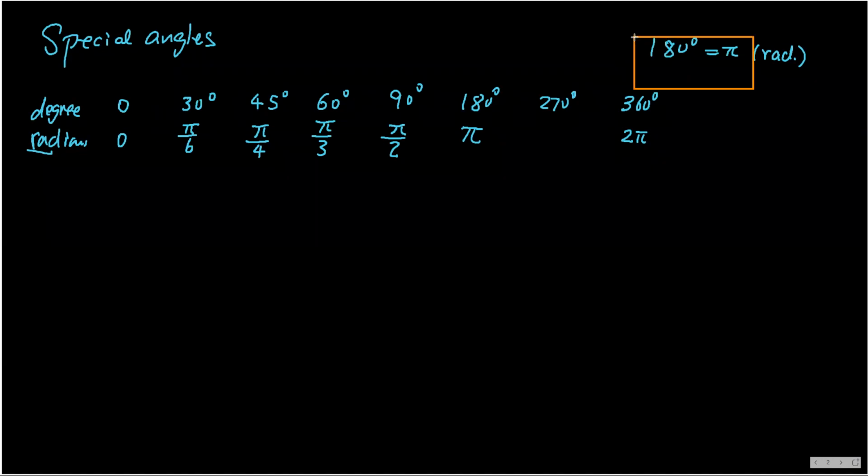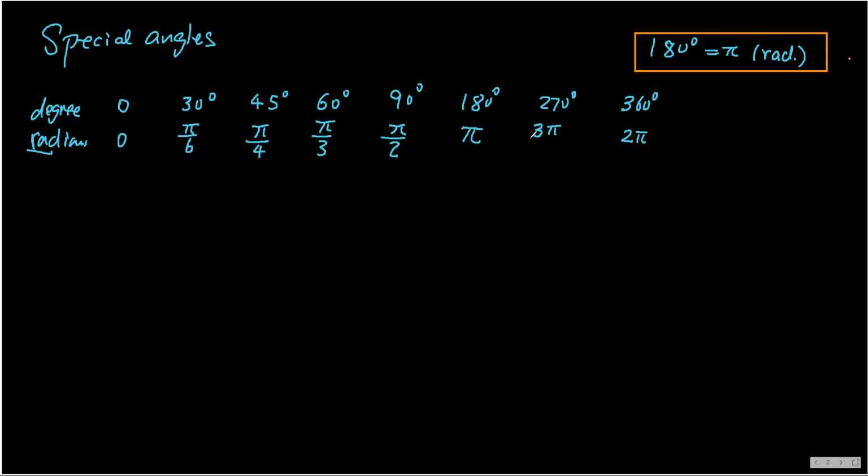You just remember 180 degrees equals pi. Easy to remember. You can convert anything. How about the last one, 270? 270 is 3 halves of 180, so that is 3 half pi.